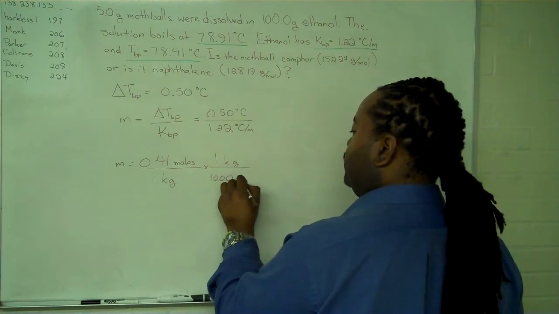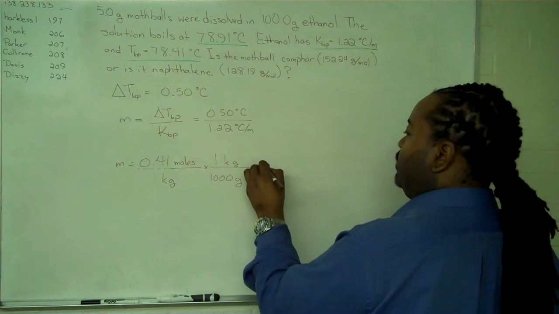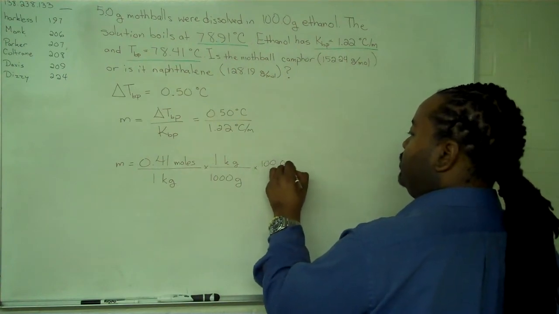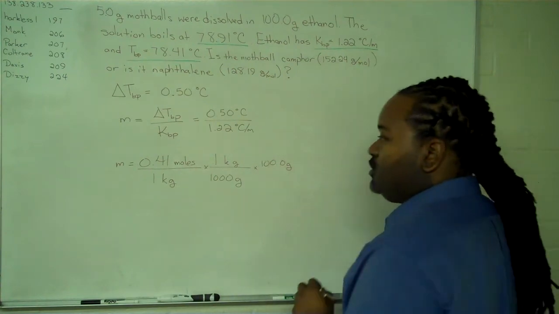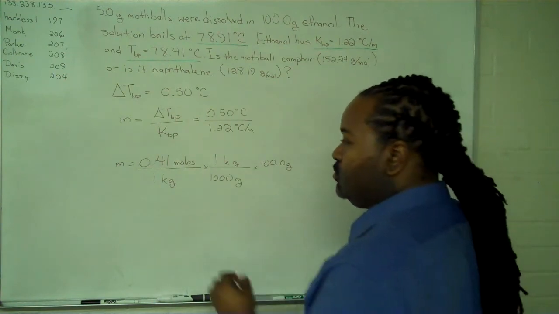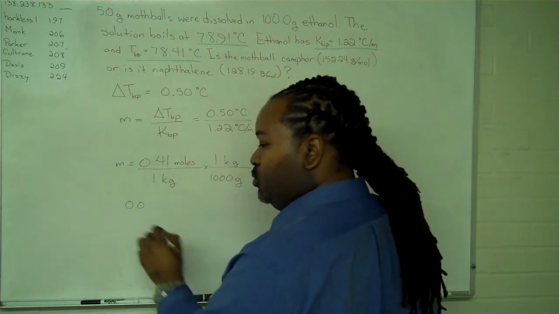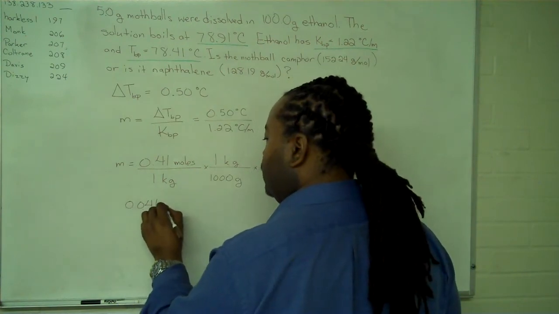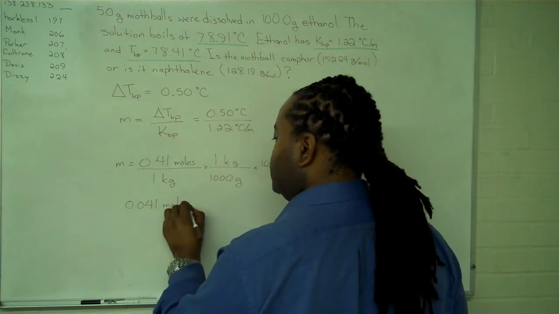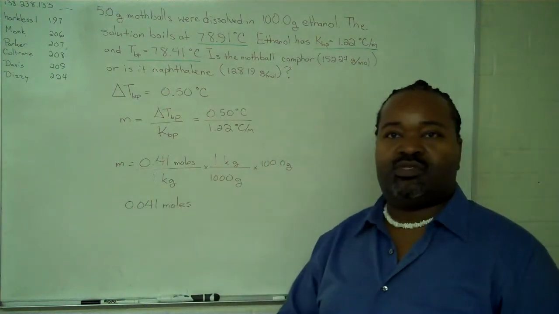We can use a conversion factor here, and then we simply multiply by the actual amount, 100 grams. So this then will leave us with just the moles. And we find that we have 0.041 moles of substance.